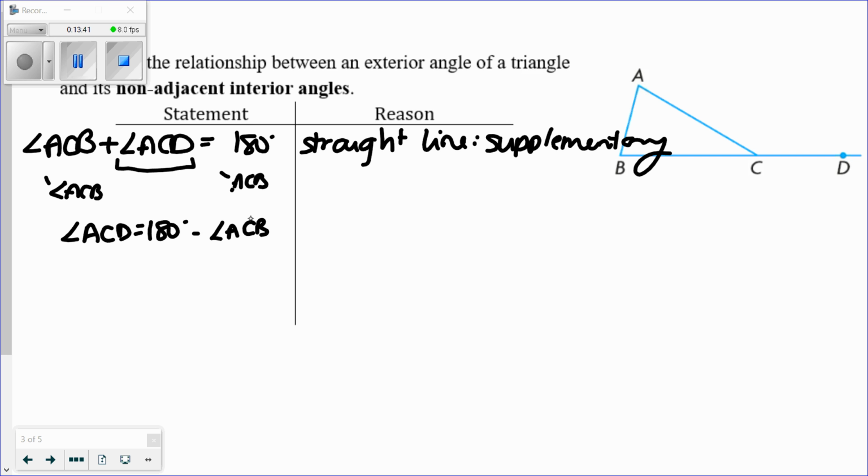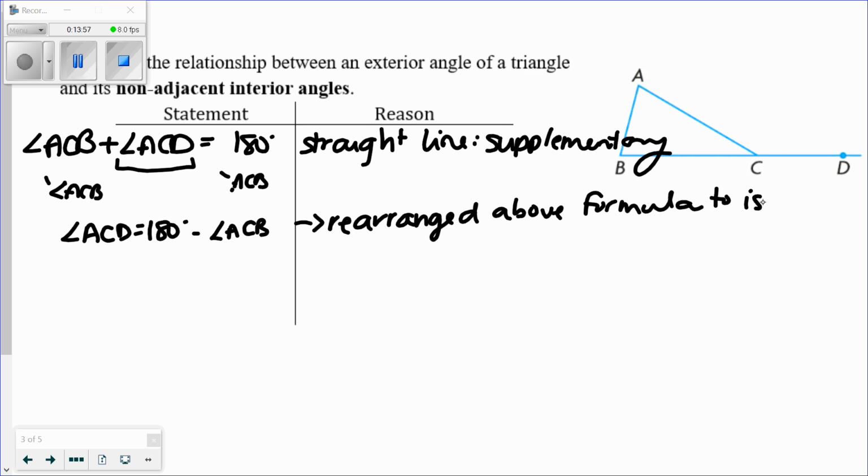So I've just rearranged the above formula to isolate the angle ACD. This won't make sense as to why, but again, I'm showing you the proof of it so that we can use it in the future.